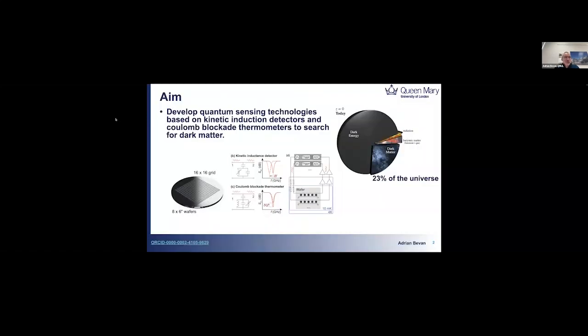We want to develop sensing technologies based on kinetic inductance detectors and Coulomb blockade thermometers to search for dark matter. The conceptual design has a 16 by 16 grid array on a 6-inch wafer, and we want to be able to scale up from individual devices that we're working on at the moment to a concept where we would have a stack of about 8 of these wafers, so 1.2 kilograms.